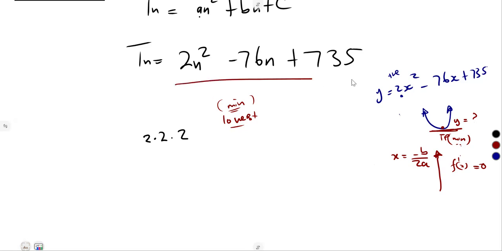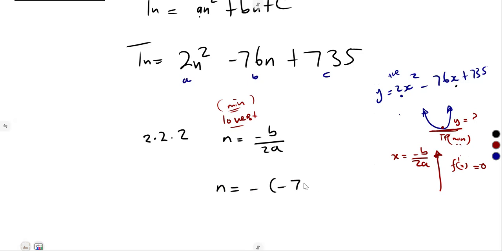So you can use the derivative concept, or you can use minus b over 2a. Since we are talking about n in place of x, n is equal to minus b over 2a. This is A, B, C. So our B is negative 76 over 2 times our A, which is 2.